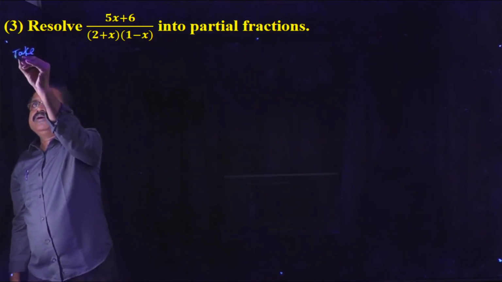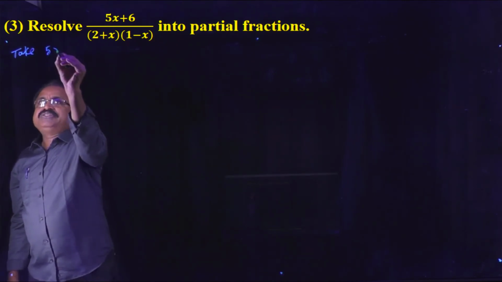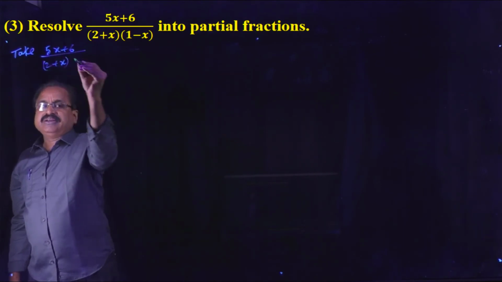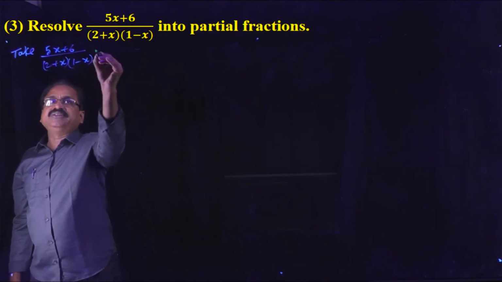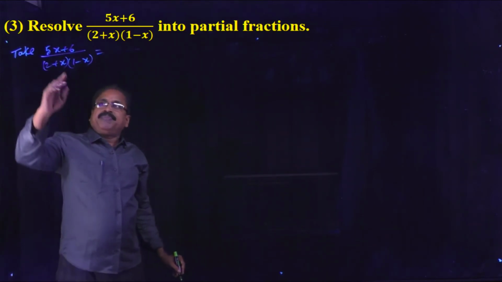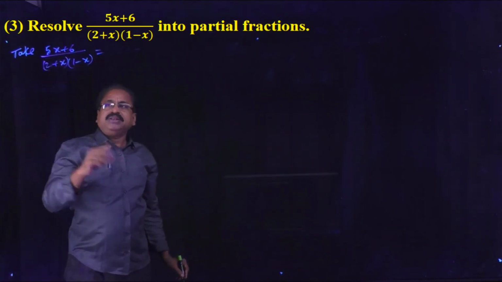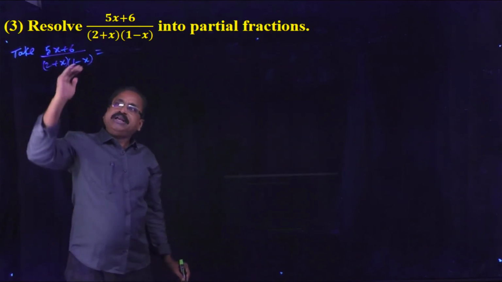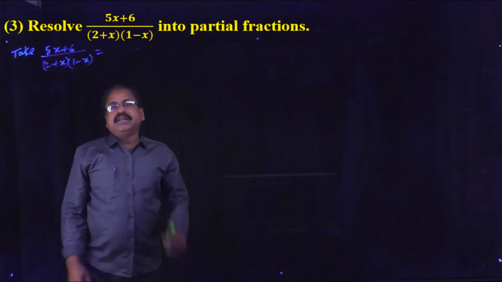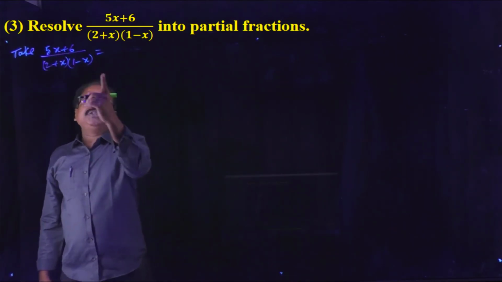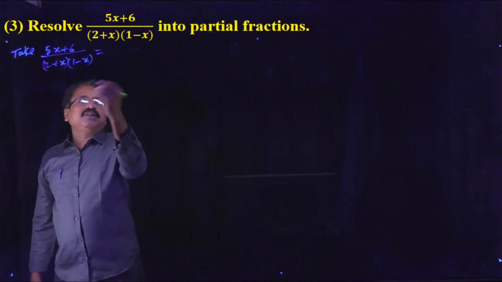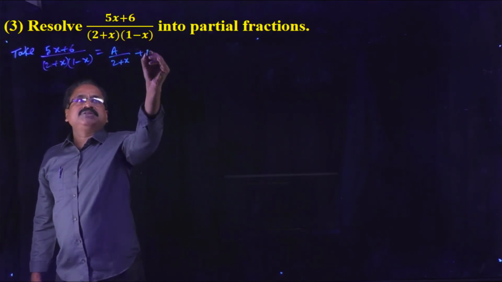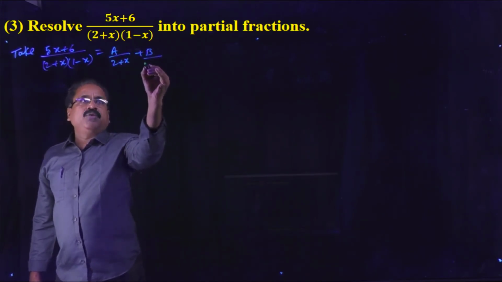Take (5x + 6)/((2 + x)(1 - x)). Here also the degree of numerator is 1, the degree of denominator is 2. So the degree of numerator is less than the degree of denominator, so it is a proper fraction. Factors are linear factors. So a/(2 + x) + b/(1 - x).